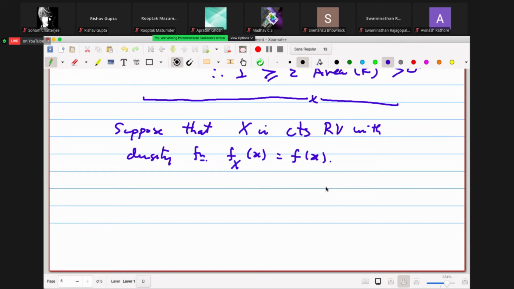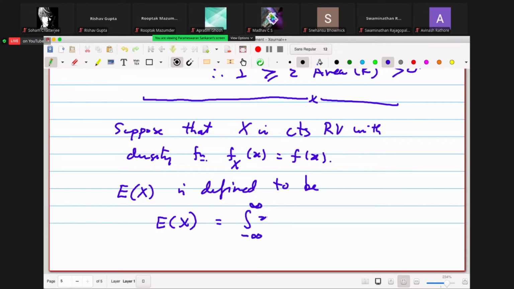I try to keep a balance, but some lectures are heavily involved in concepts. Anyway, the expectation of X is defined to be the most natural one: the integral from minus infinity to infinity of x f_X(x) dx.